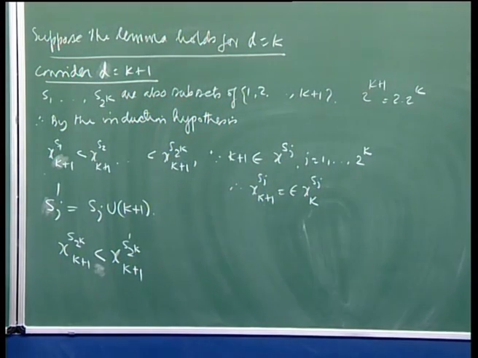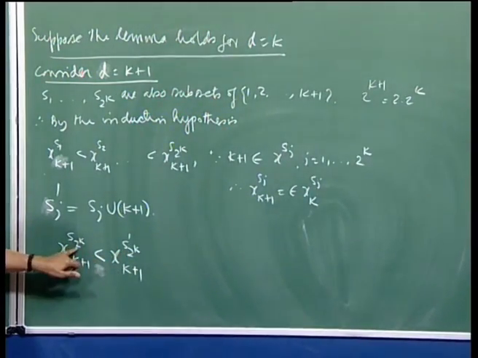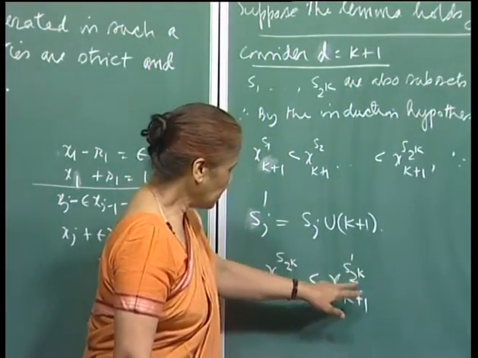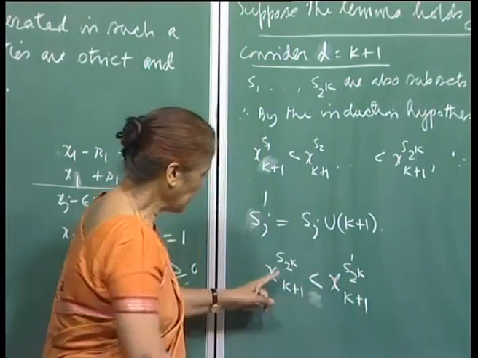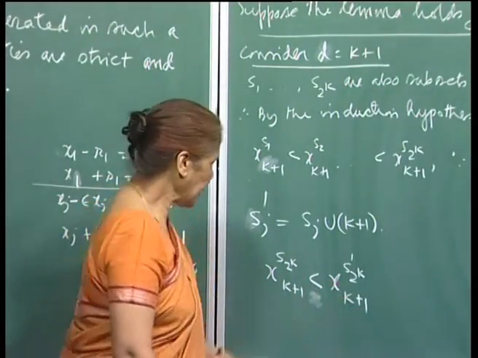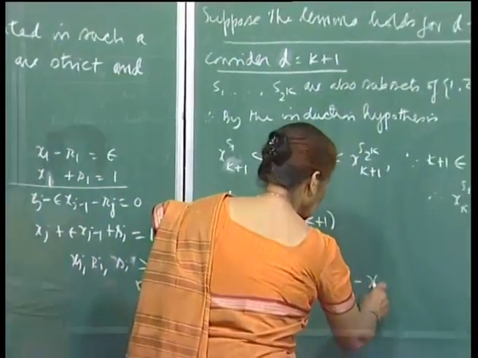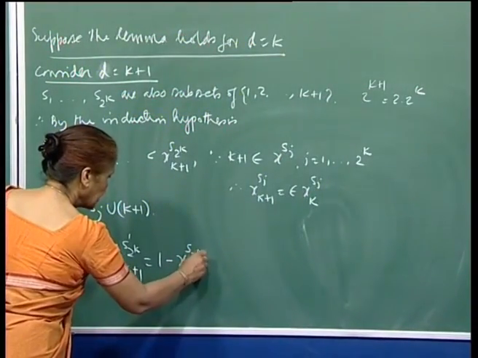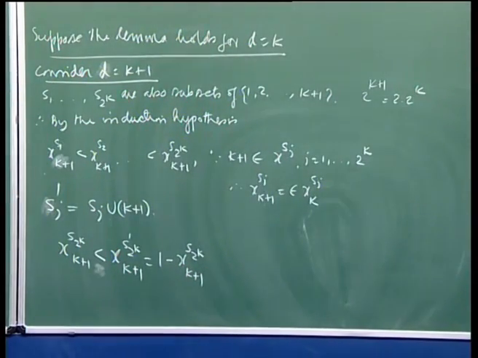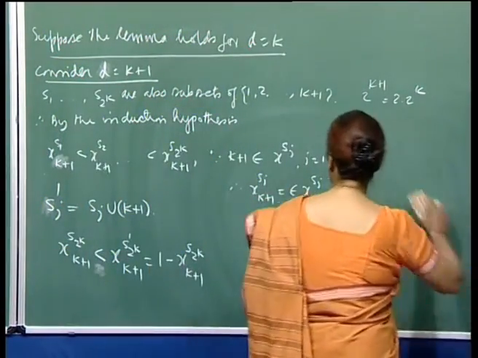Because remember the lemma that I just did before this one. What is the difference between these two? S 2 raised to k is here, and x s prime 2 raised to k contains k plus 1 and this does not contain k plus 1. Therefore, this holds, right. And you also have that this is equal to 1 minus x s 2 raised to k k plus 1 by the same lemma, right. Fine. So, that means in this one here I can include this.